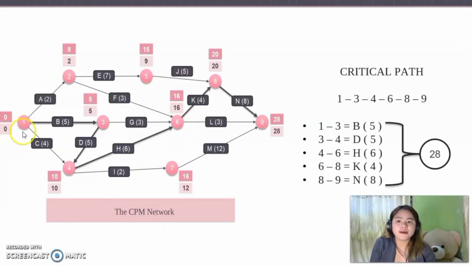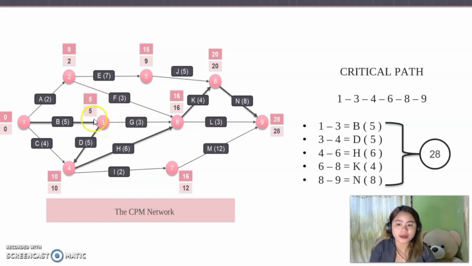So now look here. According to our first condition, the earliest start time of our starting activity is equal to the latest completion of our starting activity. So the first condition is satisfied. Now move to our second condition. The earliest start time of our ending activity is equal to the latest completion of our ending activity.